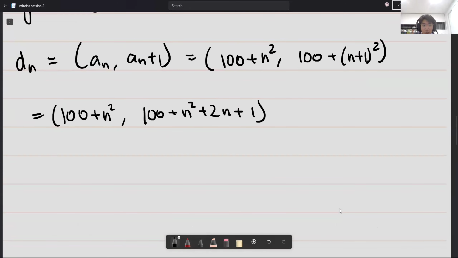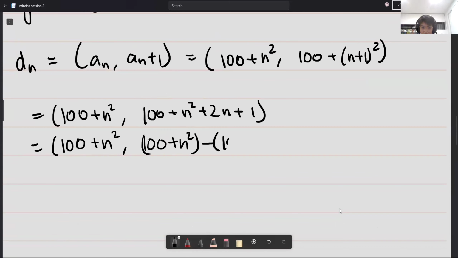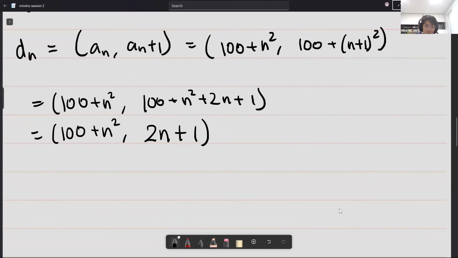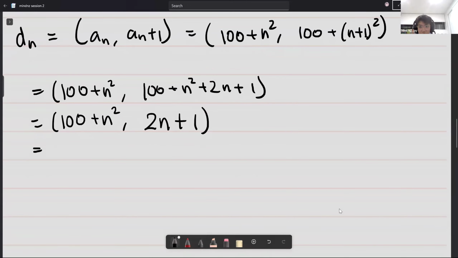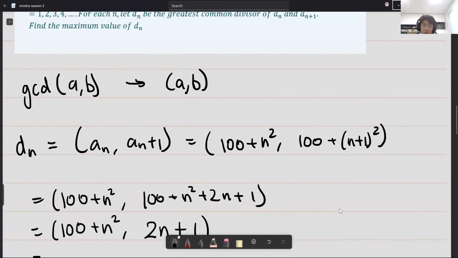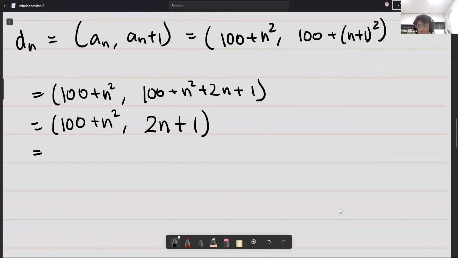So how can we use that here? Well, we can take this bit out, right? So 100 plus n squared, and then 100 plus n squared plus 2n plus 1 minus 100 plus n squared. Those cancel, leaving 2n plus 1. Ideally we would want to take this n squared out, but we can't do that right now because we have a 2n.